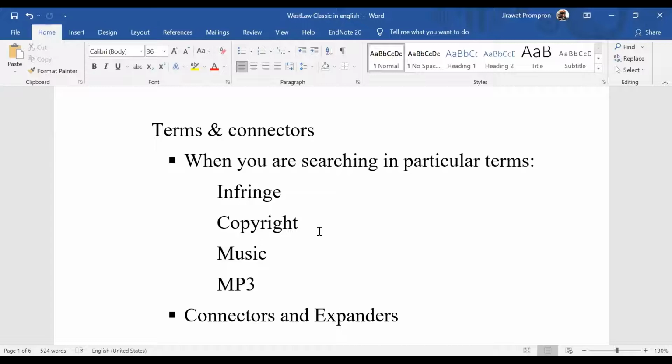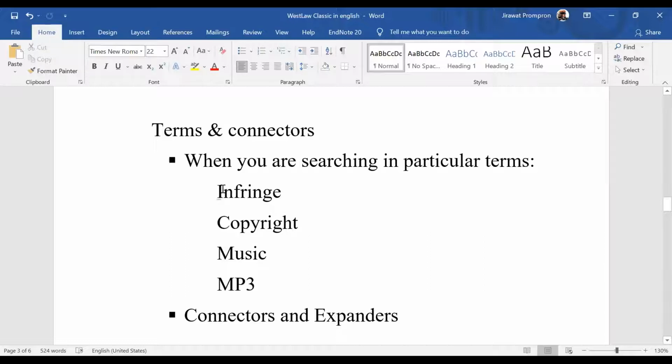So I scope down to music. And what kind of music use? Do you want to cover it, rearrange it, or remaster it? No, I just transform it, changing the file format to MP3. So these are the key terms that you are searching. This is the definition of a term.